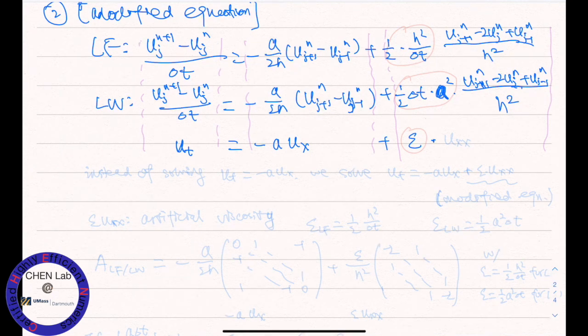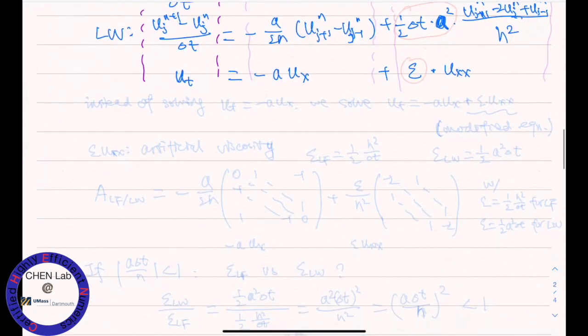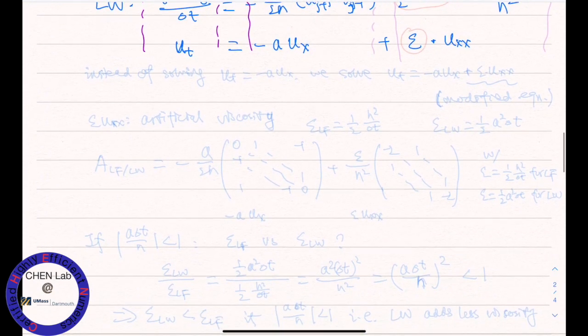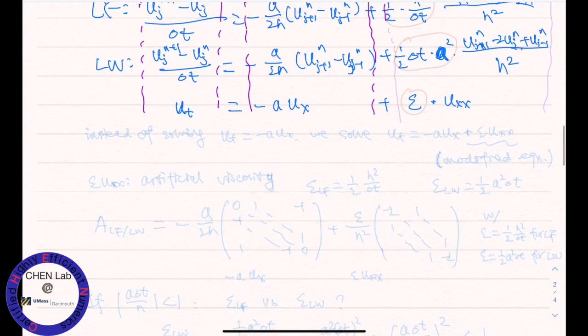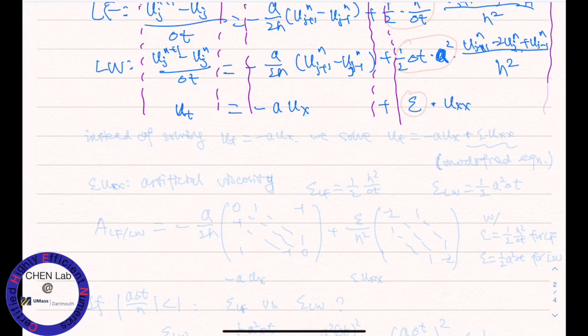It's just a standard discretization of u_xx. So this is that, and this is that. The difference between the two schemes is this epsilon. The two epsilons are different.